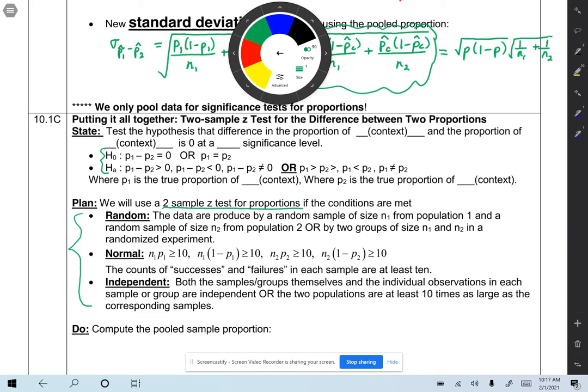And then independent, both the sample and groups themselves and the individual observations in each sample or group are independent, or the 2 populations are at least 10 times as large as the corresponding samples. You don't just say that it's reasonable to assume that there's 100 people. If that's the sample size, you would say 1,000 people. So don't forget to multiply by 10.